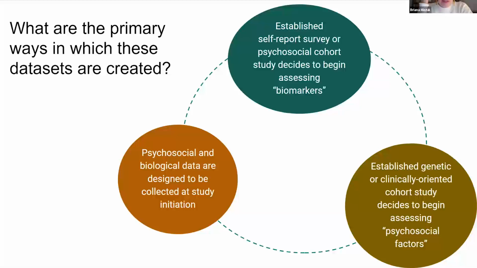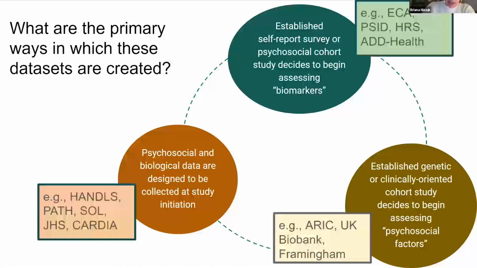It could be that there's an established genetic or clinically oriented cohort study that decides to begin assessing psychosocial factors, whatever we mean by that. And it could also be that psychosocial and biological data were designed to be collected at the beginning of study initiation. Even at the very beginning, they knew they wanted to measure all of these types of variables.